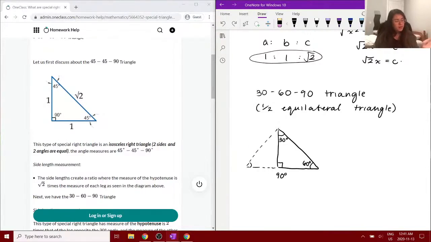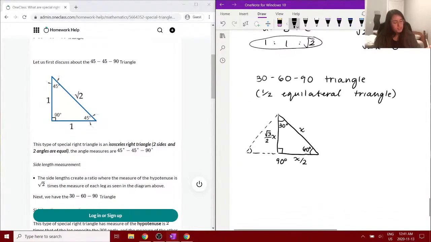If we cut that in half, we would get side lengths where this is x, this is half of x, and this is root 3 over 2x, which can be found with the Pythagorean theorem again. And this is half of 60 as it was 60 degrees before. The half is 30 degrees.